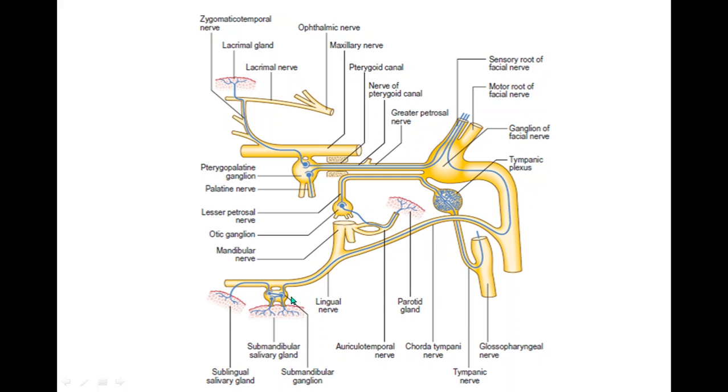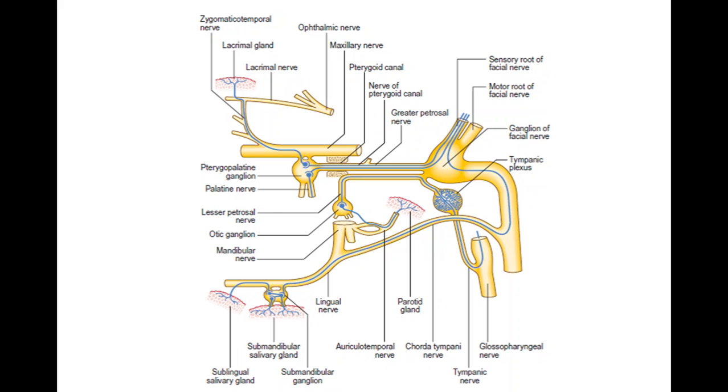So that is the physical association of these branches of the trigeminal nerve with these four autonomic or parasympathetic ganglia: the pterygopalatine, the otic, the submandibular, as well as the ciliary ganglion in the orbit. It's only a physical association.